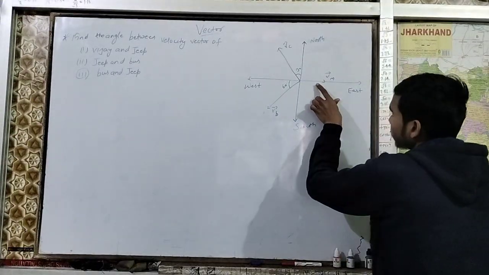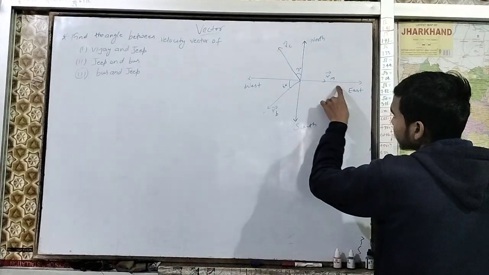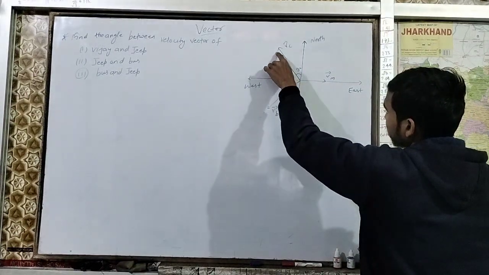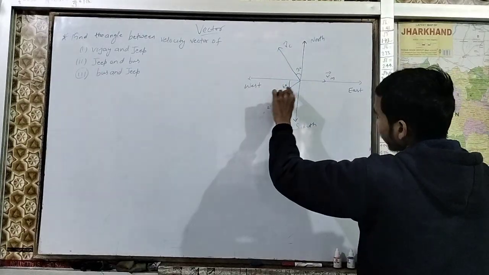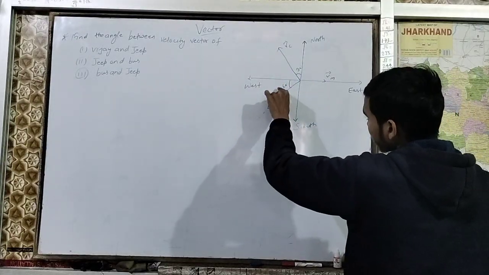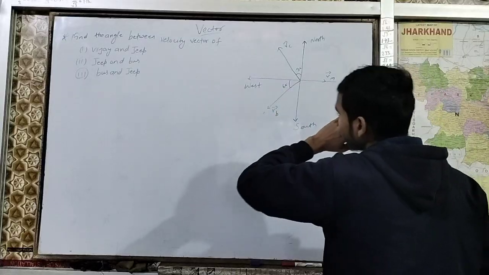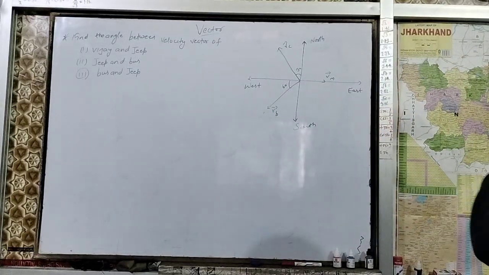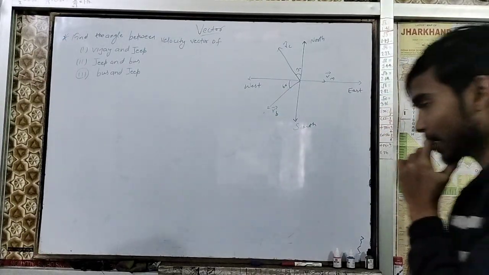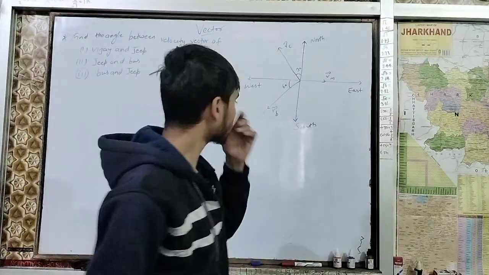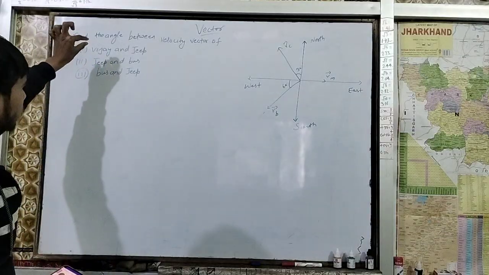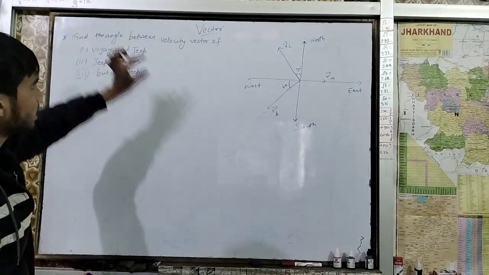You know that Vijay is walking in this direction, the Jeep is going in this direction making an angle of 30 degree with the north, and the bus is going in this direction making a 60 degree angle with the west, south of west. First, focus on the first question, Vijay and Jeep.